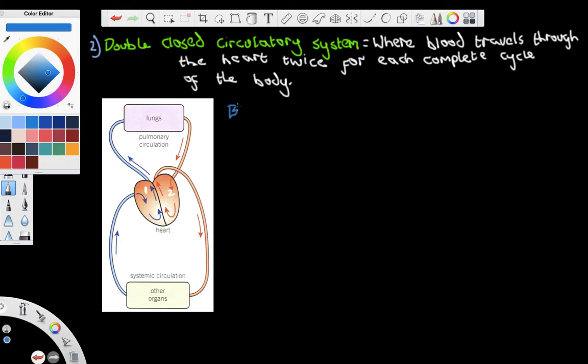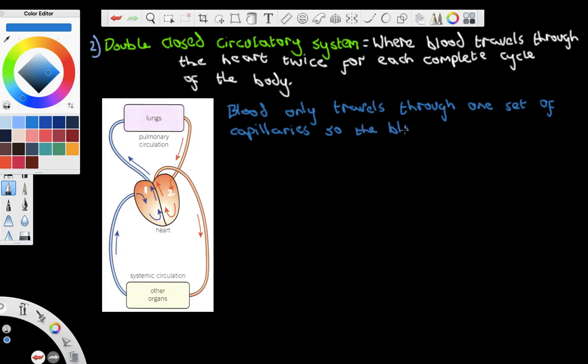So blood only travels through one set of capillaries, so the blood maintains high pressure.